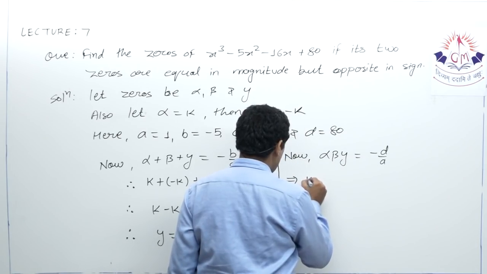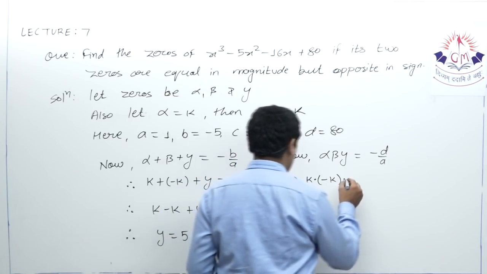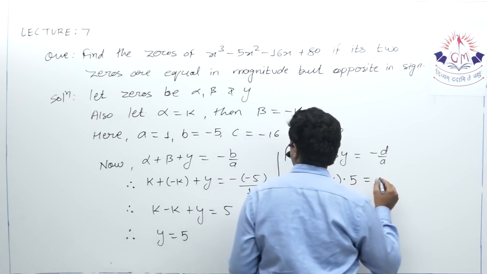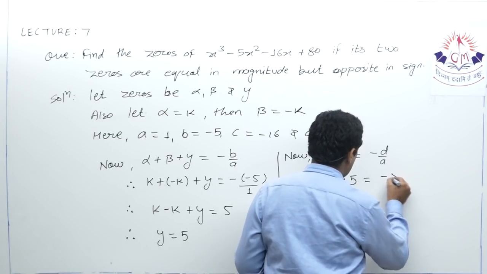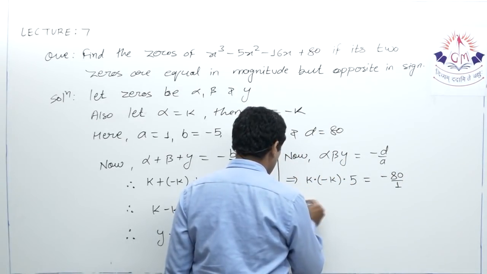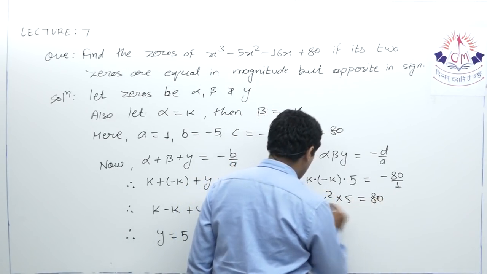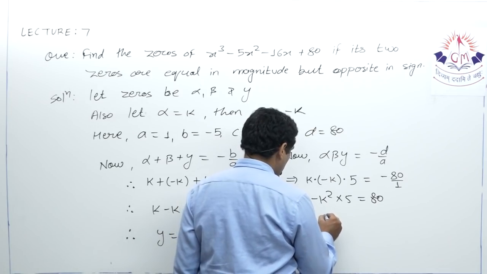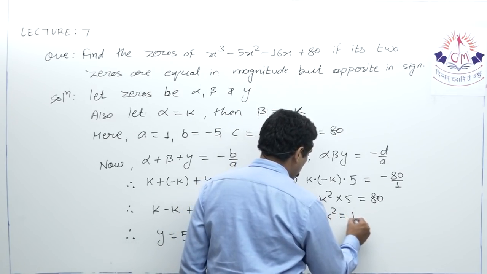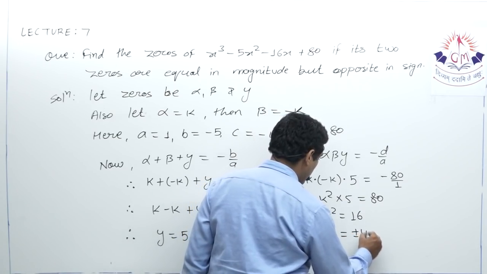So alpha is k, beta is minus k, gamma is 5, minus 80 upon 1. So here you will get minus k square multiplied by 5 is equal to minus 80. So k square is equal to 16, which gives you k is equal to plus minus 4.